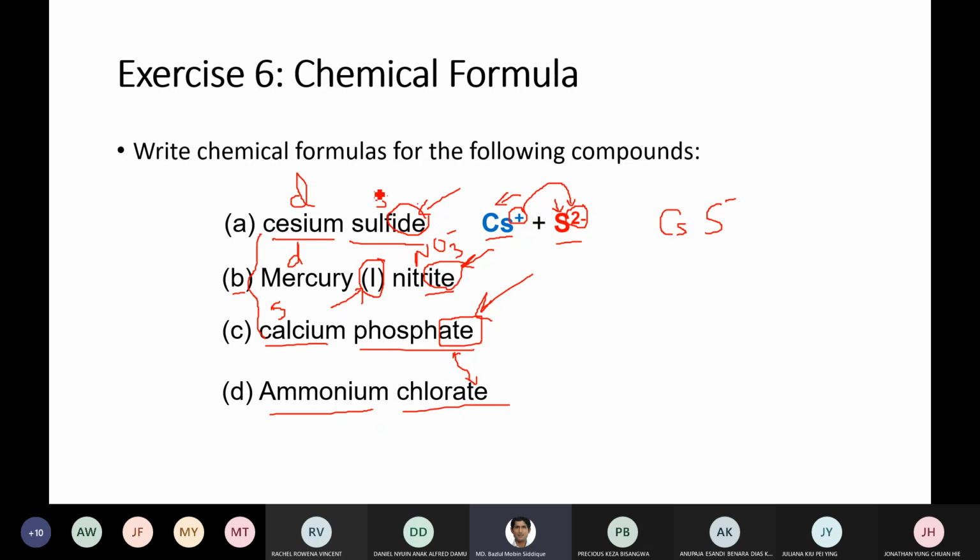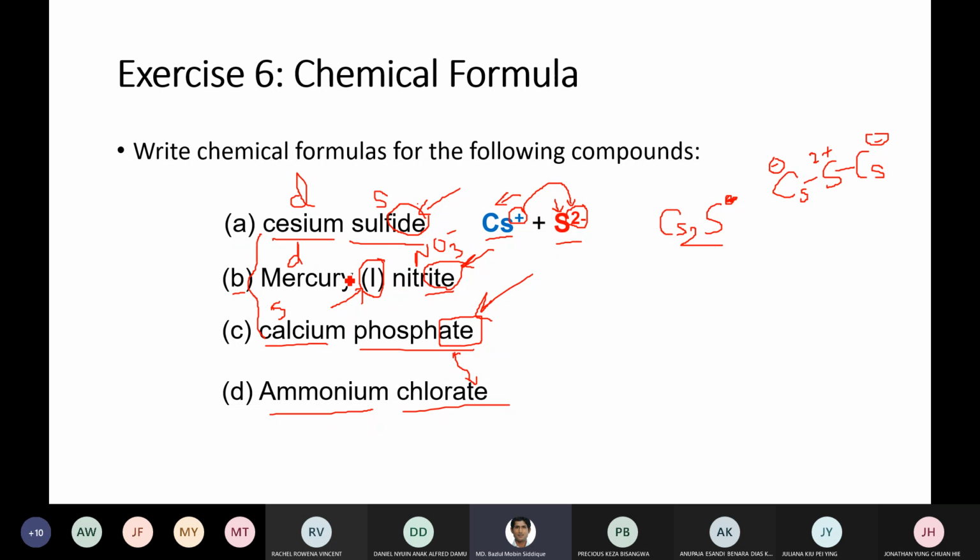There is another one left. So if we add 2 cesium, then it is neutral: cesium, sulfur, and then cesium again. Sulfur is attached to 2 cesium, and its 2 negative charge is neutralized by each positive charge. In this way, we see that they form the compound.